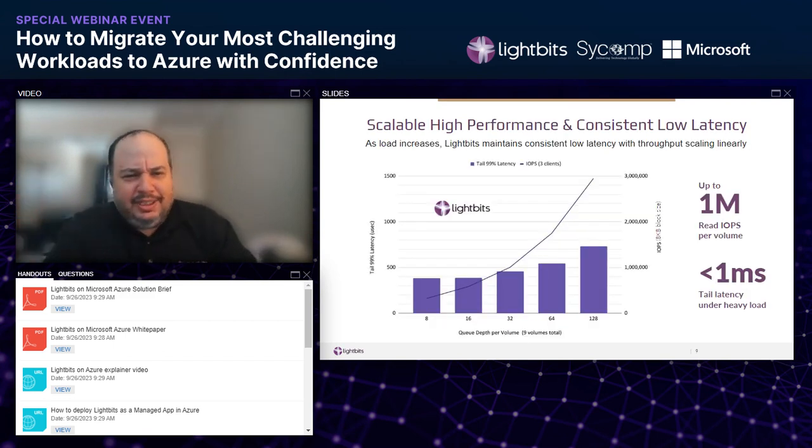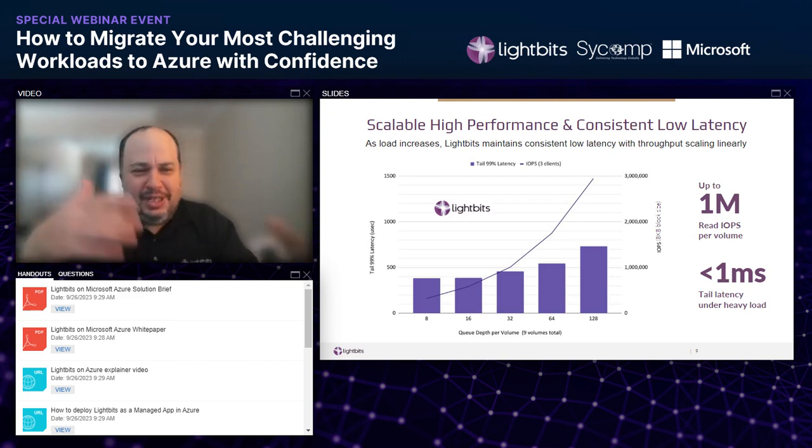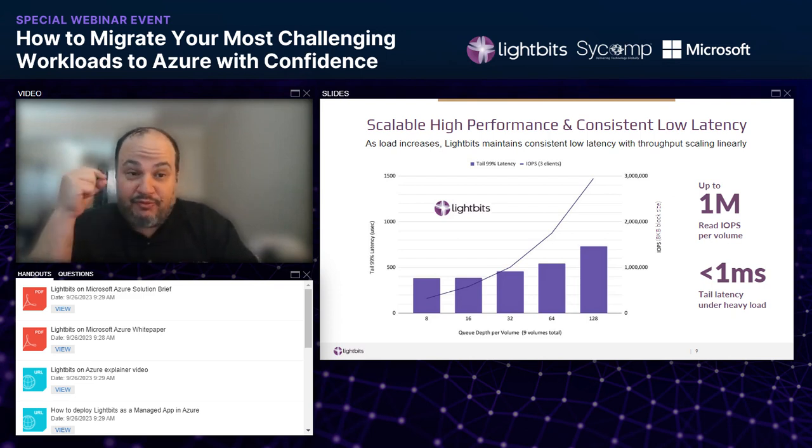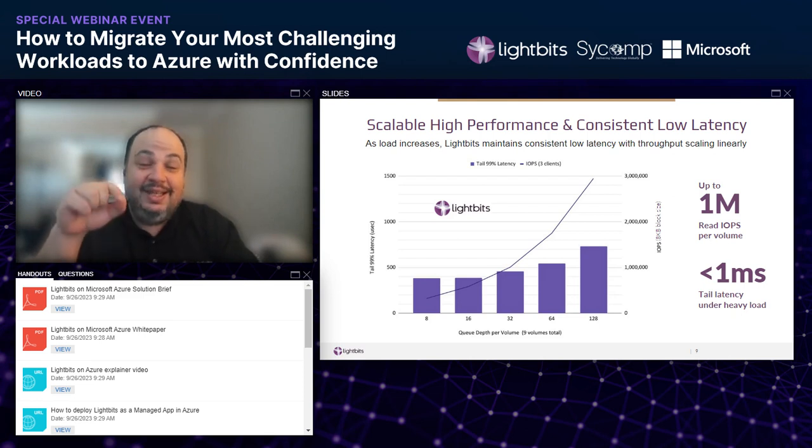And at the very beginning, I was talking a lot about performance, millions of IOs, throughput, low latency, but I do want to give you some sense of the performance that Lightbits provides. You can see in this figure how Lightbits performance and latency scales as a function of the load.